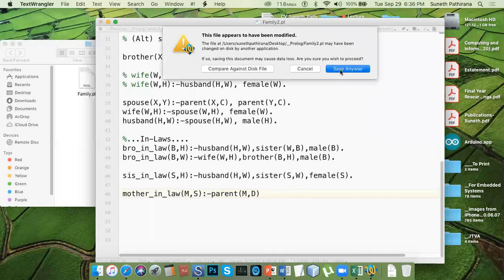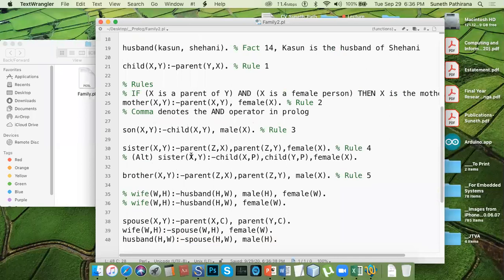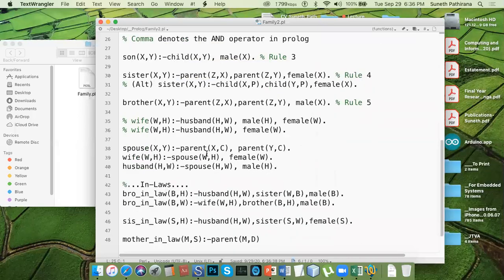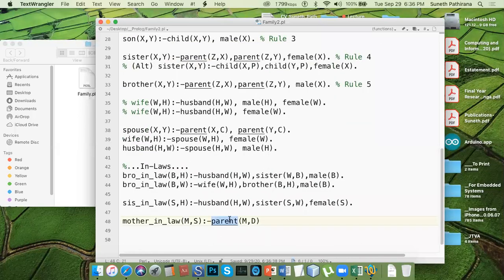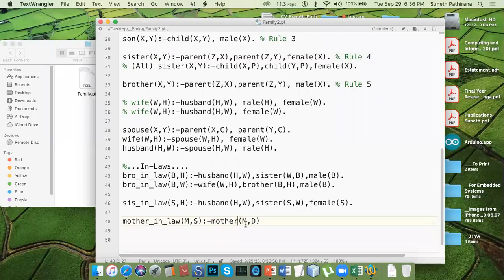Okay. So in this case, M is the parent, or if you have the mother relationship already defined, then we don't need to check the gender of the parent. So mother, it's already there. We have defined. So M is the mother of D. D means her daughter.